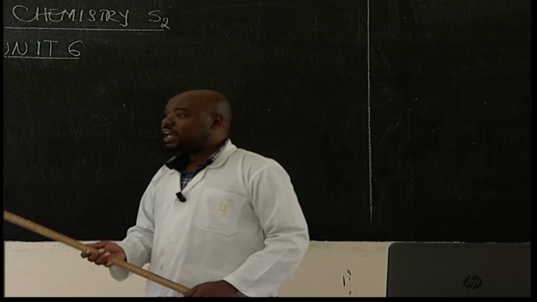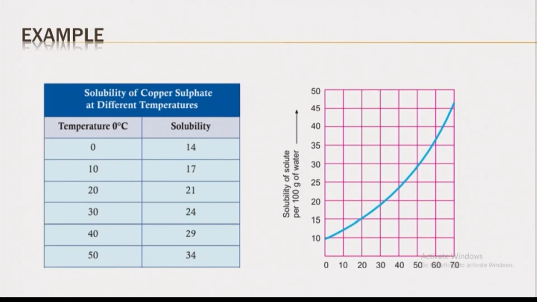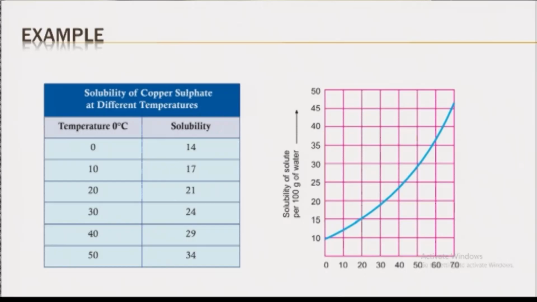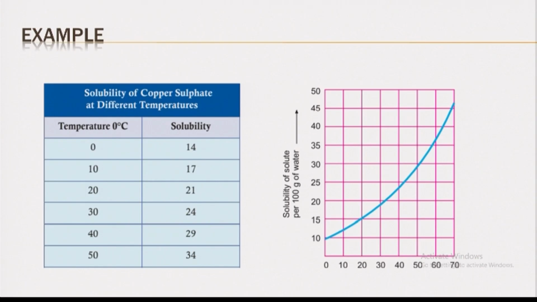Here we have an example. Solubility of copper sulfate at different temperatures. This is the temperature in Celsius degrees, and here we have the solubility. Remember, solubility is the amount of solute in 100 grams of a solvent. And here we are talking about water.